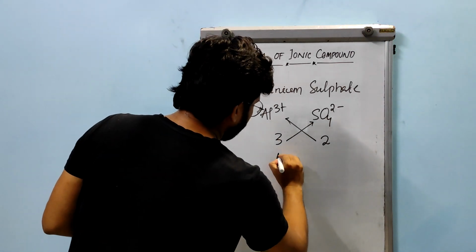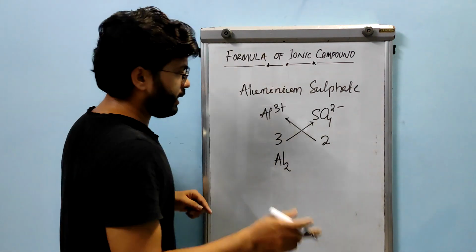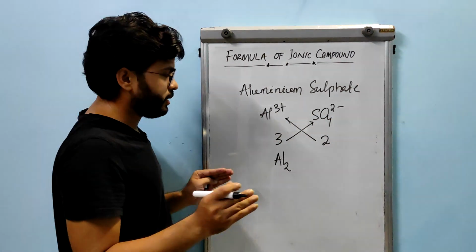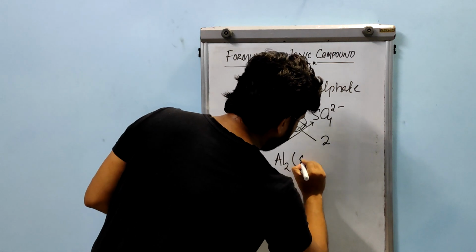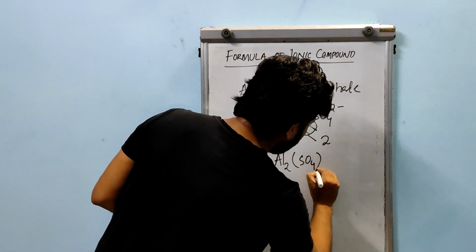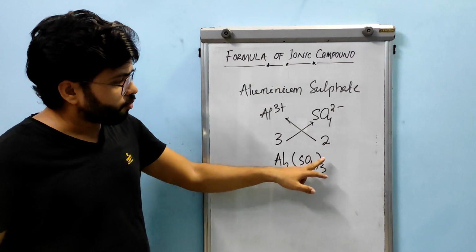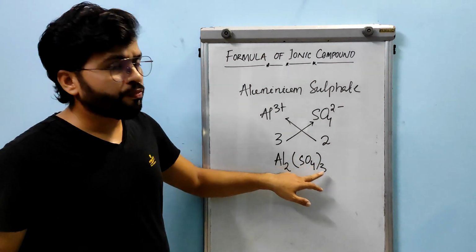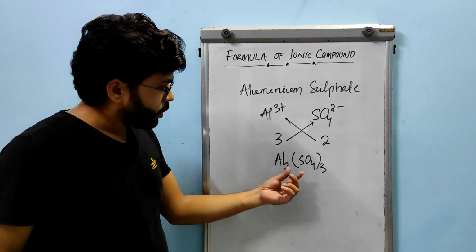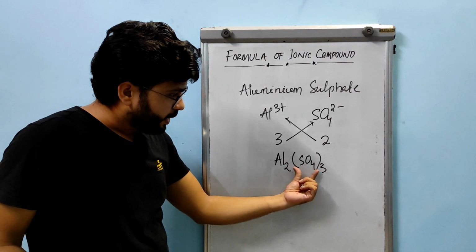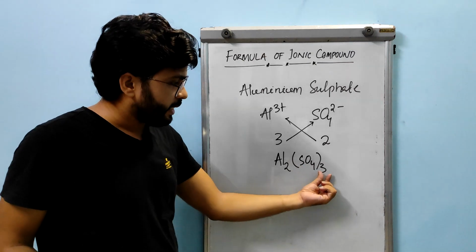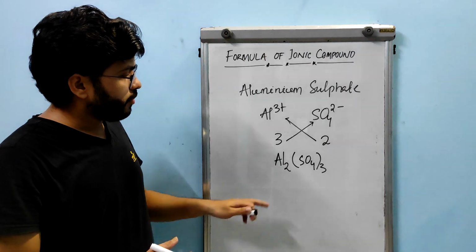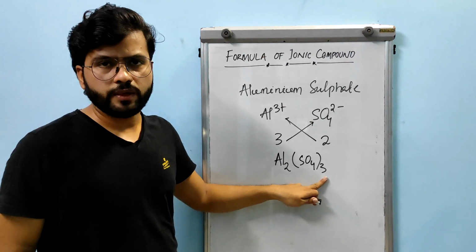So what will the formula be? It will become Al2, but here we have to put the sulfate SO4 inside a bracket. Why is it so? If I don't put them inside a bracket, what will happen? If I remove the bracket, it will look like Al2SO43, which is not true. That's why we need to keep the sulfate SO4 unit inside a bracket, and 3 will be written as a subscript, and the formula of aluminium sulfate becomes Al2(SO4)3.